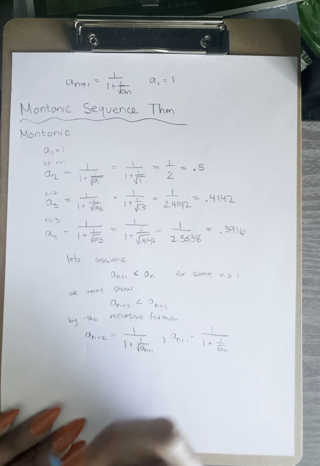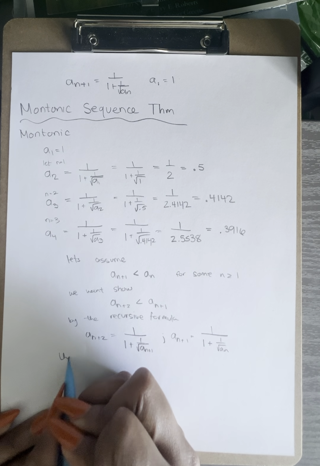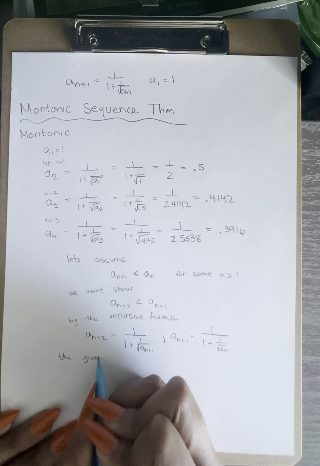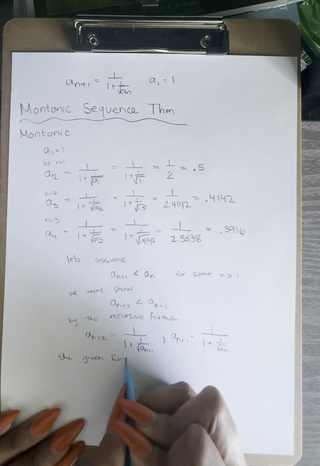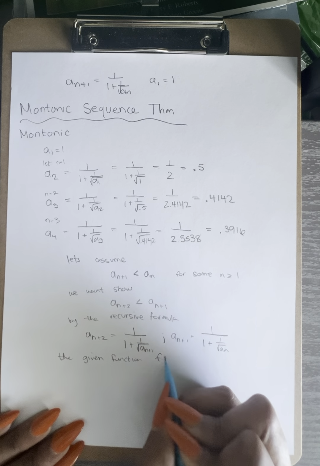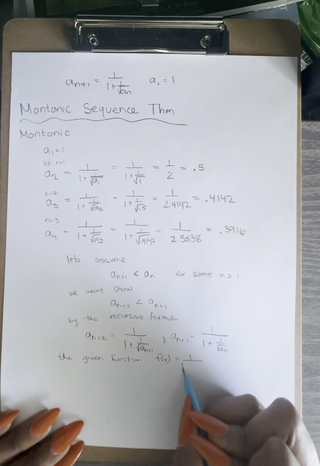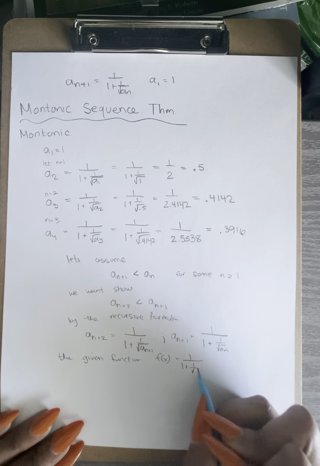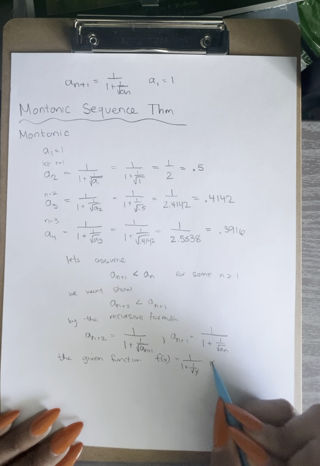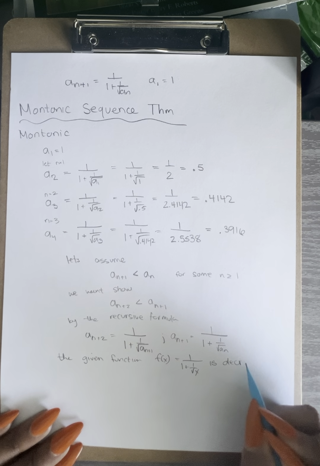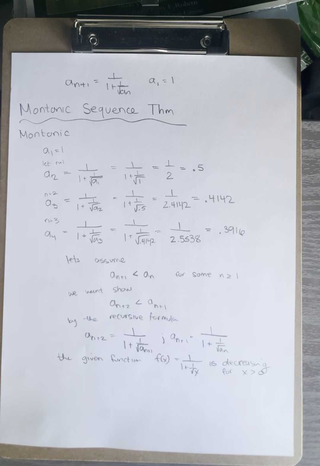Now, the given function 1 over 1 plus 1 over the square root of x is decreasing when x is greater than 0.